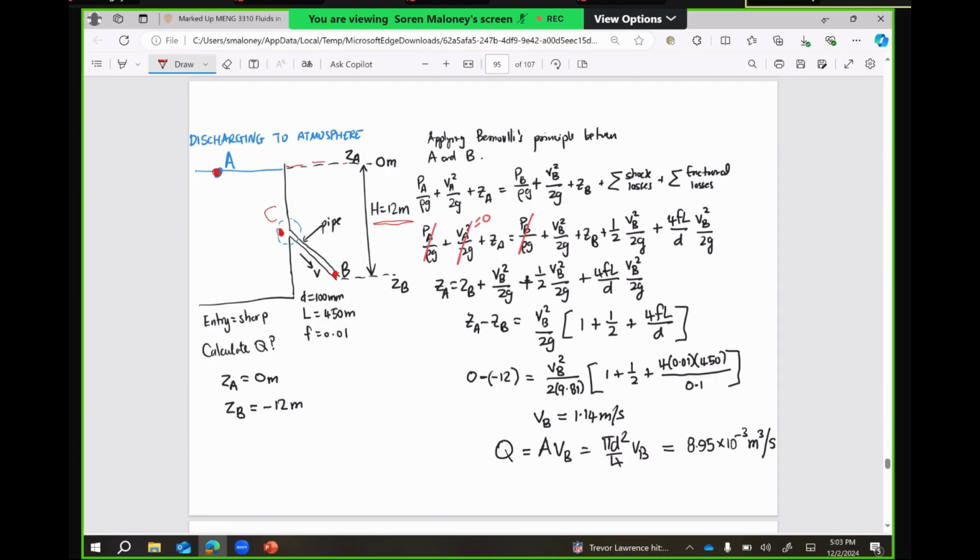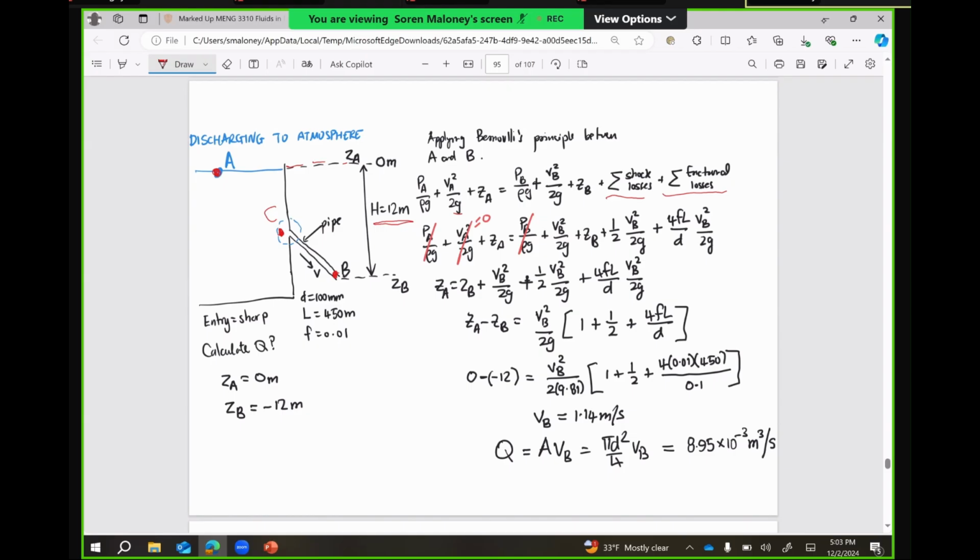But we chose point A here, and we're applying Bernoulli's principle between points A and B, and then we are accounting for our shock losses and our frictional losses. So we start off by writing our expression like that, because we're applying it between points A and B.